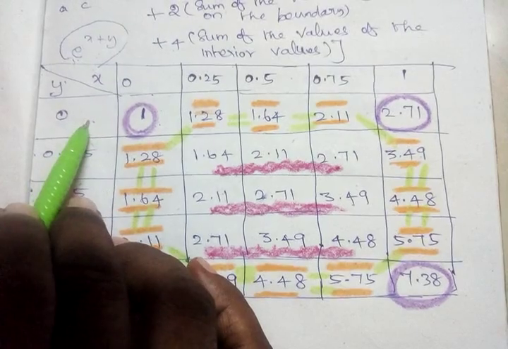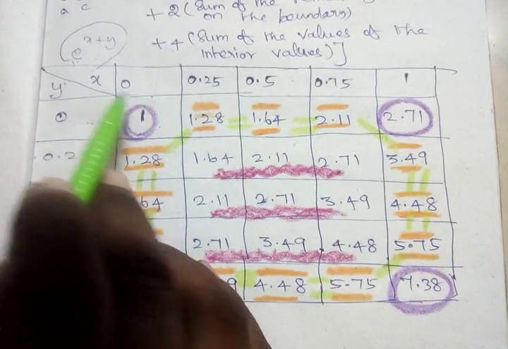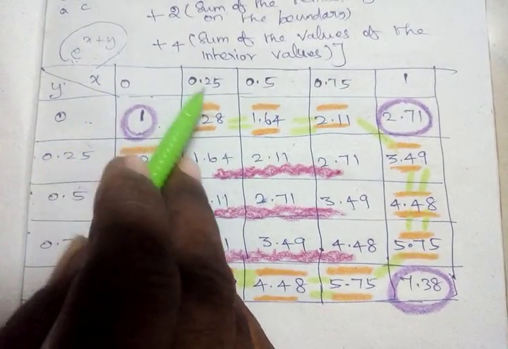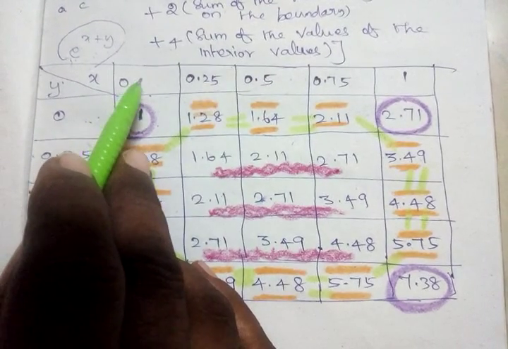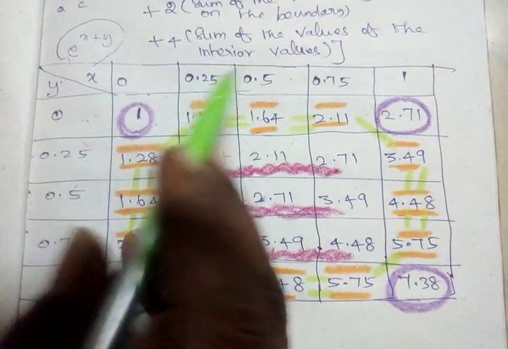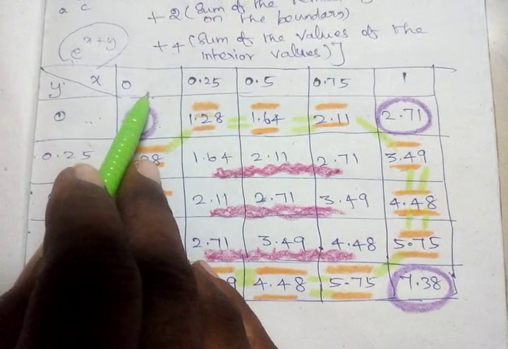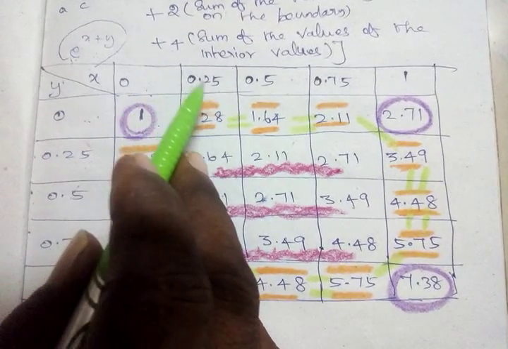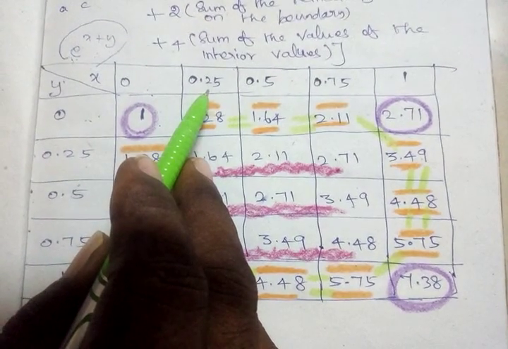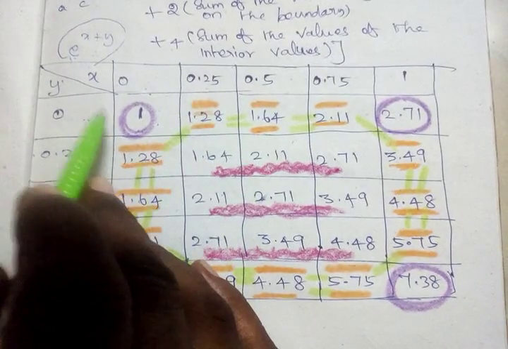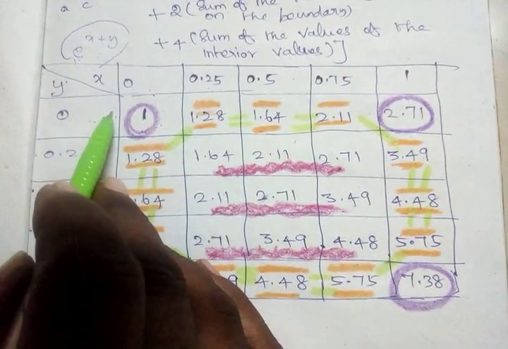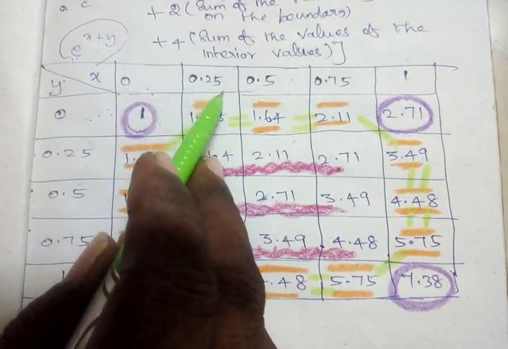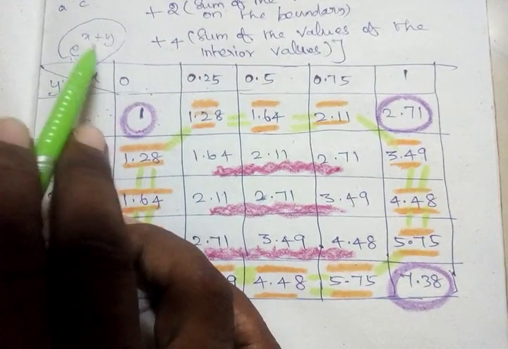First I am going to select the first row and all the columns. Keep the first row as it is and take all the columns. I have finished the first one. Next I am going to take x as 0.25, and for y keep 0 as it is. So 0 plus 0.25, e power 0.25.